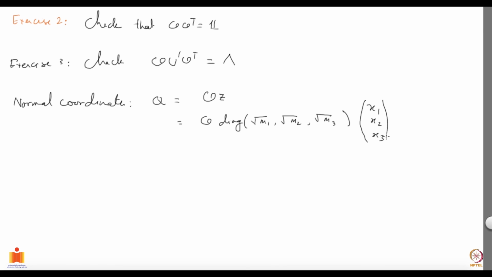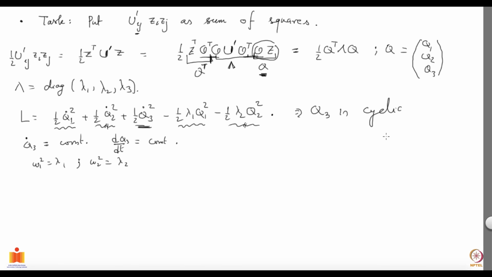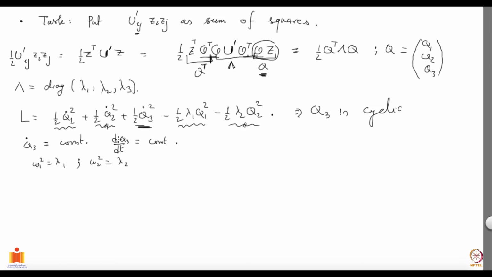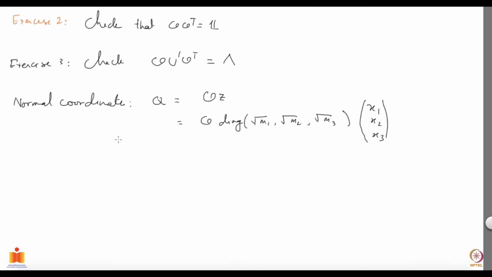Okay, let's go back and check. Yeah, here you see the Z is related to X by this, which is what I'm writing now in terms of a diagonal matrix. Okay, so again another exercise.